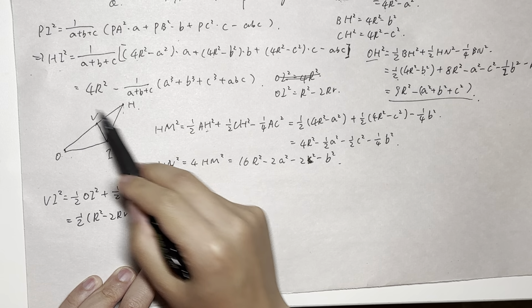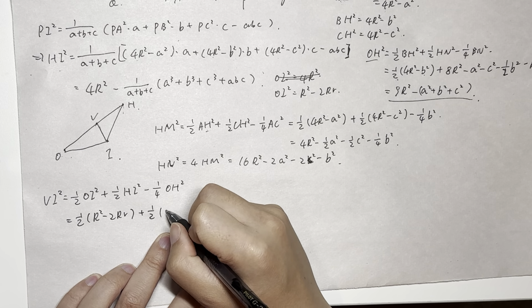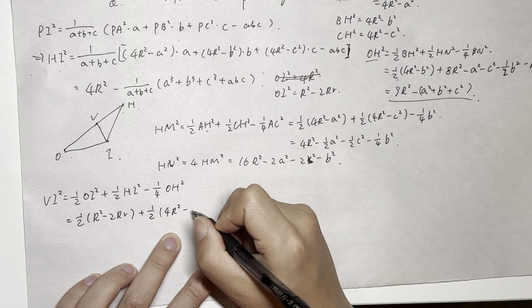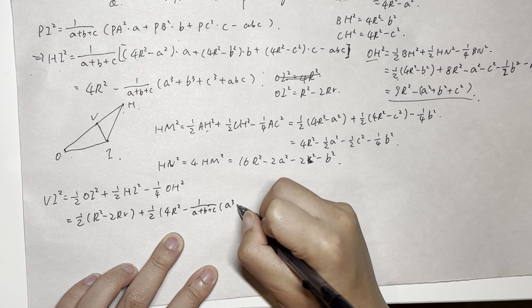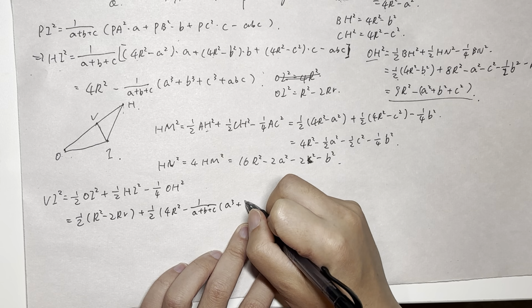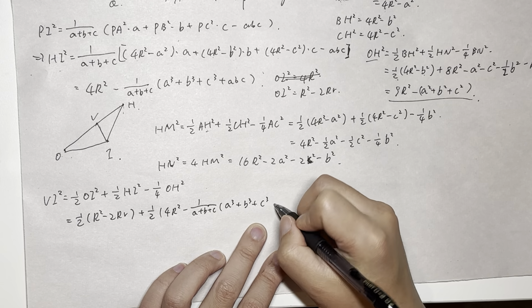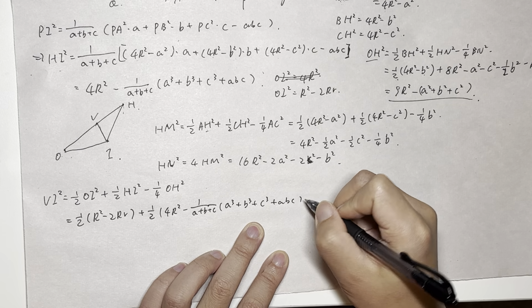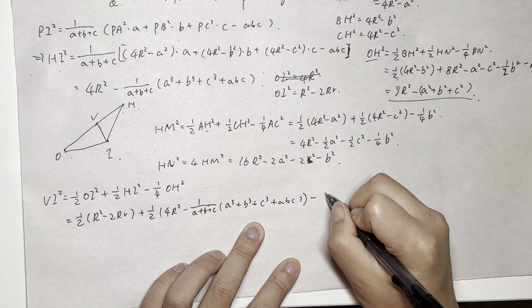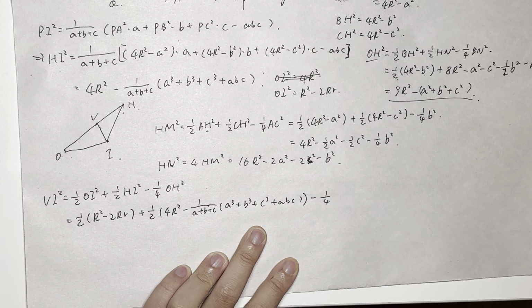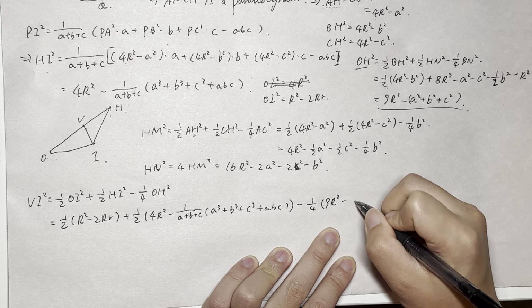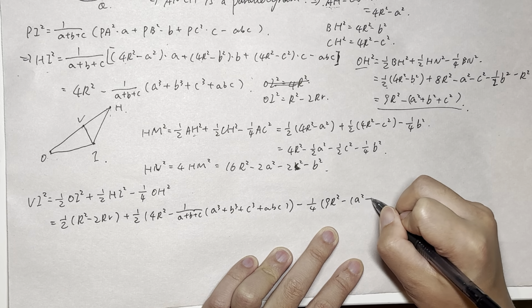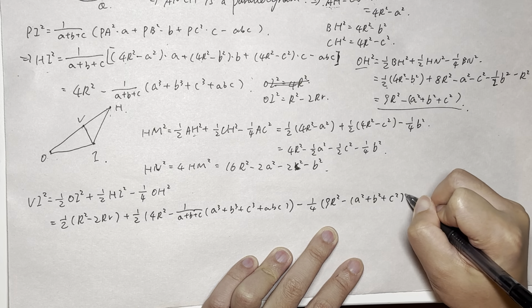HI squared is this one, it's lengthy, but just write it down here: 4R squared minus 1 over (a plus b plus c) times (a to the power 3, b to the power 3, c to the power 3 plus abc), right? And minus 1/4 of OH squared. What is OH squared? We find it here. So that is 9R squared minus (a squared plus b squared plus c squared).